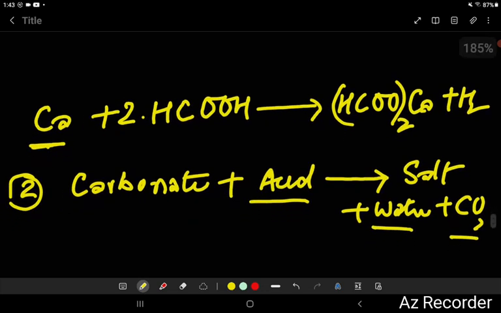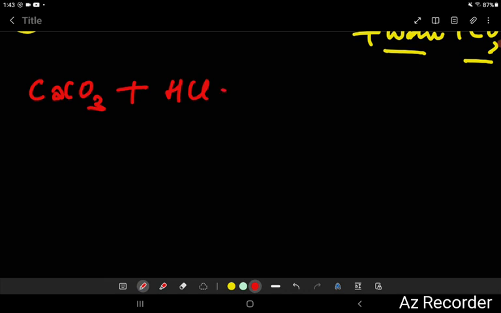Suppose the first example I am taking here is calcium carbonate, that is CaCO3. It is also called limestone. When it reacts with hydrochloric acid, hydrochloric acid will form chloride salt. Which chloride will we get?